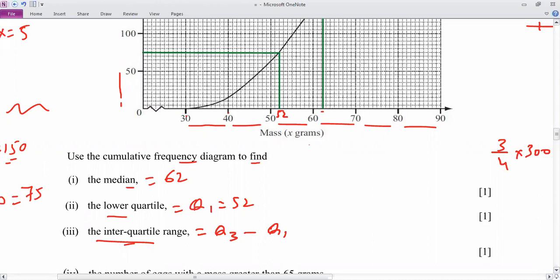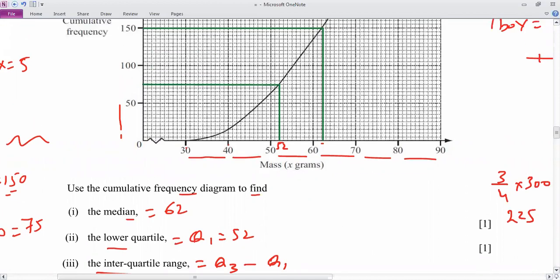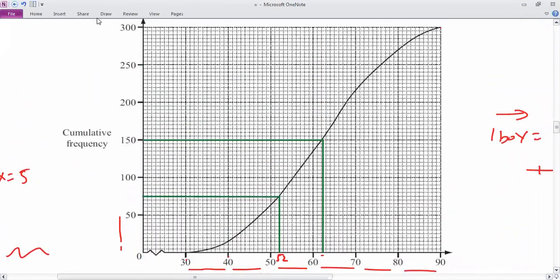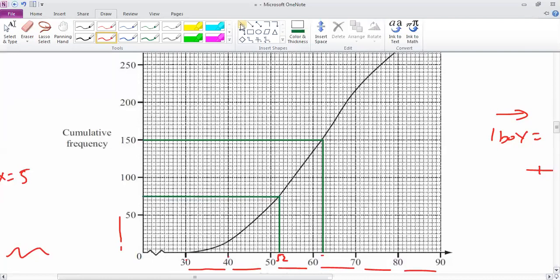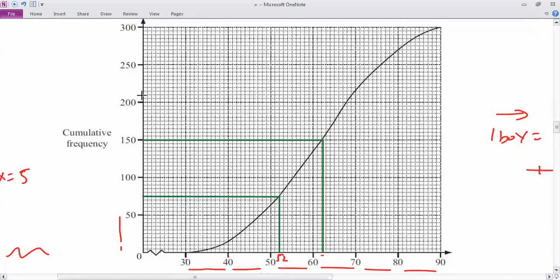225. Okay, from 225 I will make the line. The line will be from 200, 5, 10, 15, 20, 25. This is from 225.